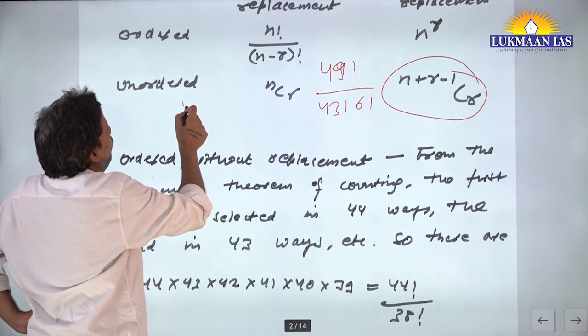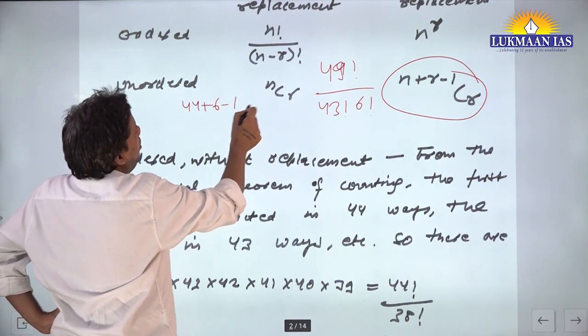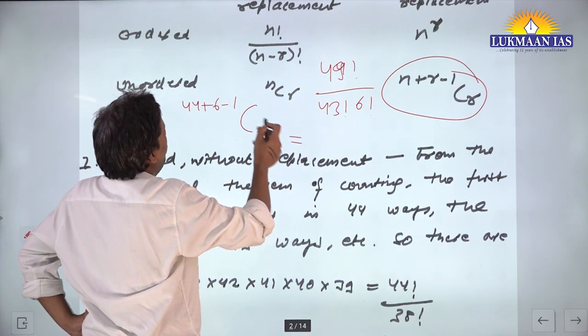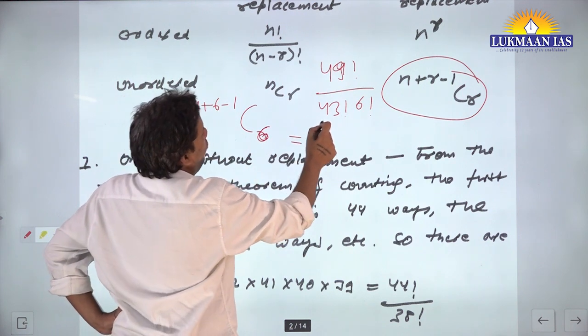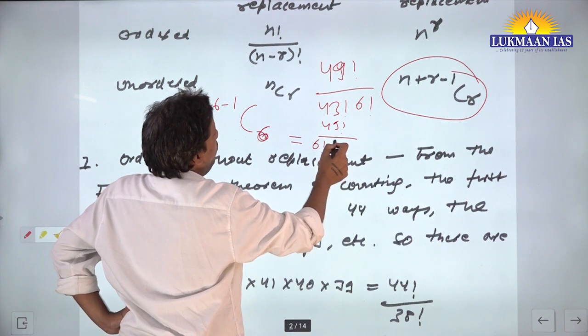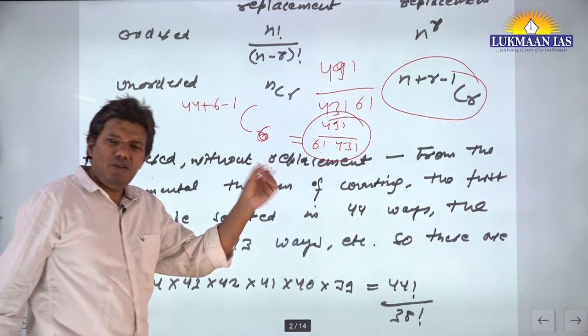Let's say 44 plus 6 minus 1 C 6 factorial. If I solve this, what will be my value? This is 49 factorial upon 6 factorial into 49 minus 6, 43 factorial. Right? Do you see?